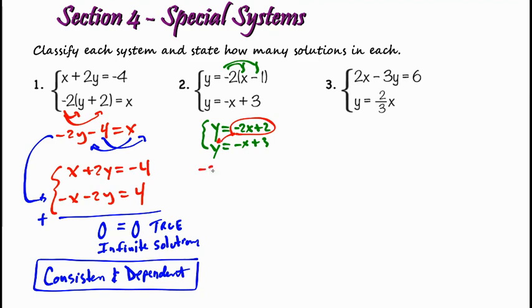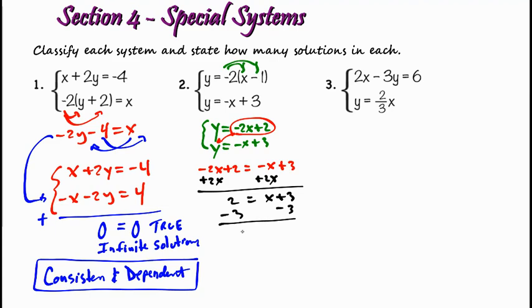This gives us negative 2x plus 2 equals negative x plus 3. Let's get all of the x's on one side and the constants on the other side. And we see that x is equal to negative 1.